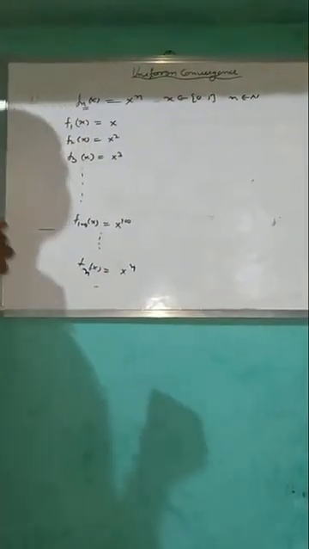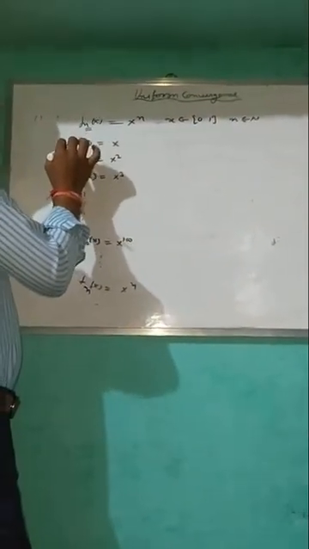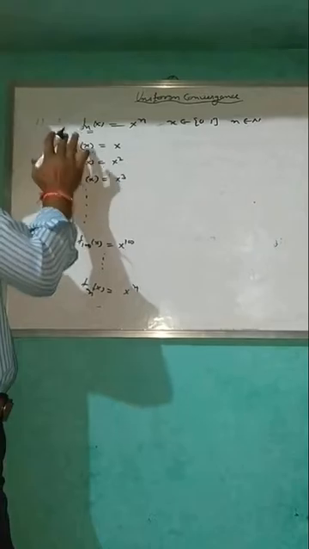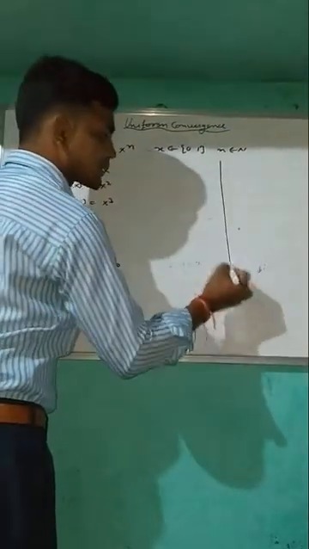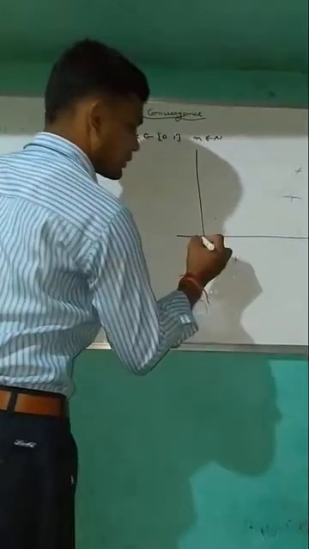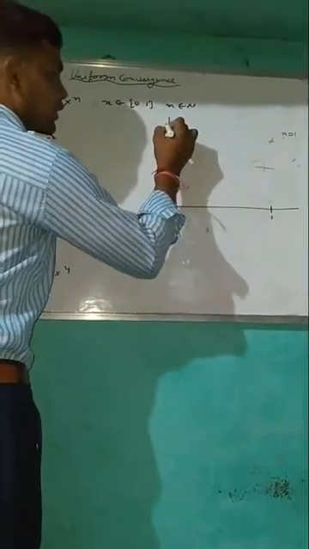If you want to find the limiting function of this type of function, then we can understand this concept with the help of a graph. Suppose that this point is 0 and this point is 1.